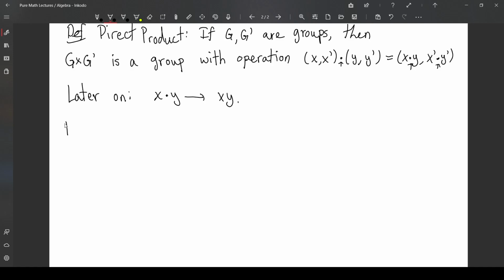And the final definition that I'm going to give for this lecture is a subgroup.